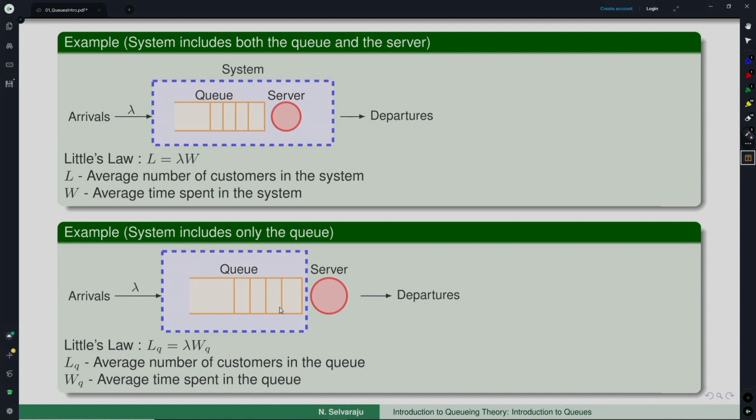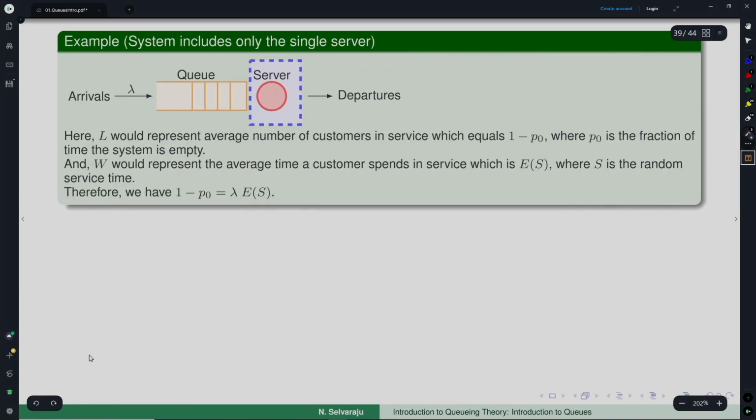If you define the system to be this, then the same relationship holds within this structure as well, meaning for the queue, Little's law implies that the average number in the queue is related to the average waiting time in the queue by a customer through this relationship. So, this is only the queue when you describe the system here.